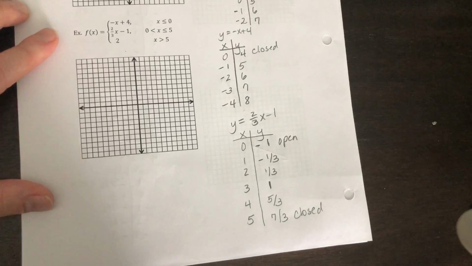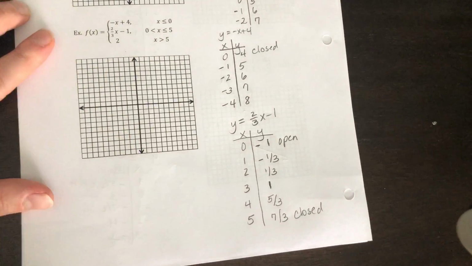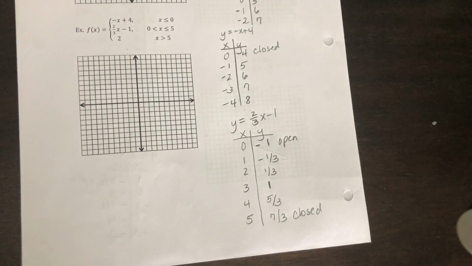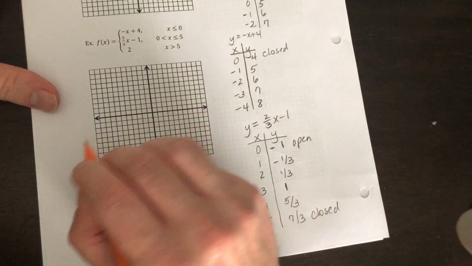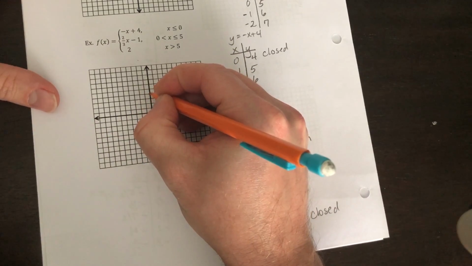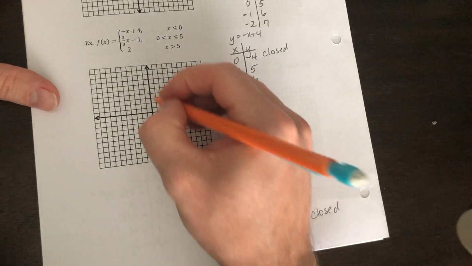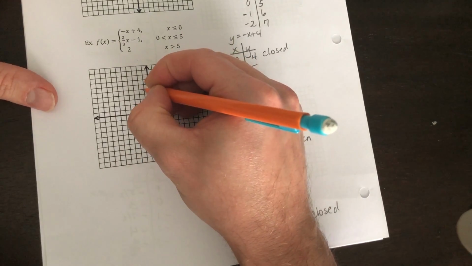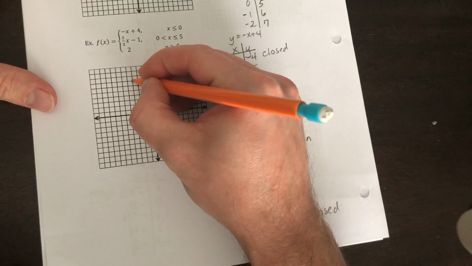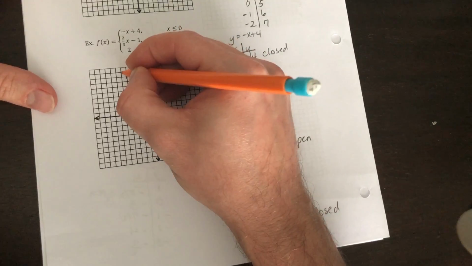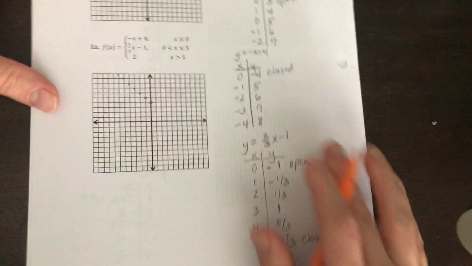This is just going to be the horizontal line y is equal to 2. Okay, so we got the point (0, 4), 1, 2, 3, 4, and it's going to be closed. And (-1, 5), 6, 7, 8. So it looks something like that.